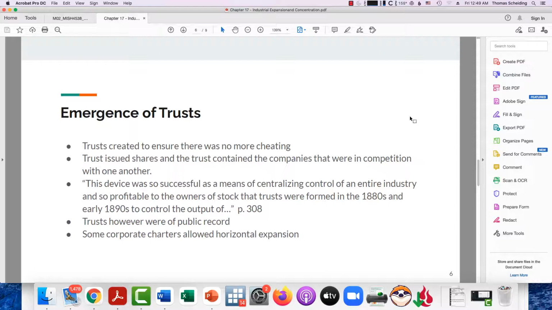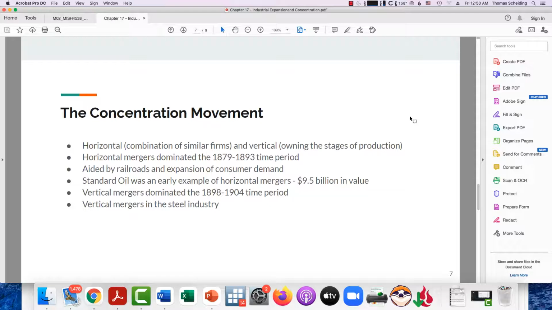Now, these trusts are basically being used for horizontal mergers, which we're going to look at in the later slides. But what these horizontal mergers represent are firms that produce a similar product all merging with one another. So we've got horizontal mergers, but then we also have vertical mergers, where companies try to own all the means of production.